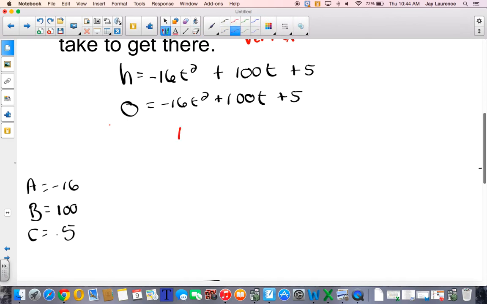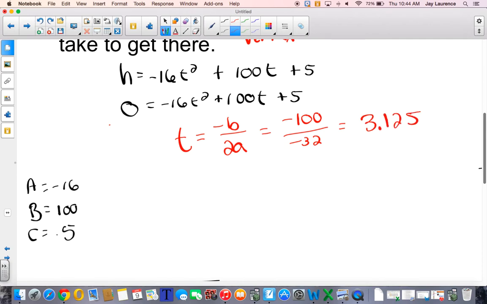I'd really like you to leave the t in, because hopefully it'll remind you that you're finding a time, not a height. So I'm going to do negative 100 over negative 32, and that's going to be 3 and 125 thousandths.